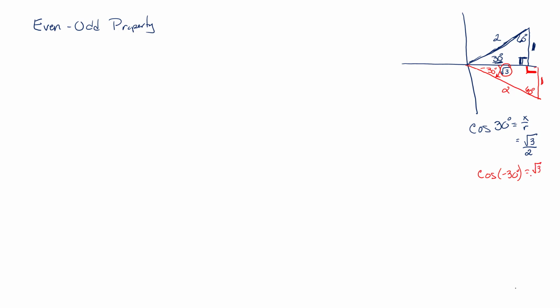If I wanted to take the cosine of a negative 30-degree angle, I would have square root of 3, because that's my x value, over 2, which is the radius. Do you notice that the cosine of 30 degrees is exactly the same as the cosine of a negative 30 degrees?